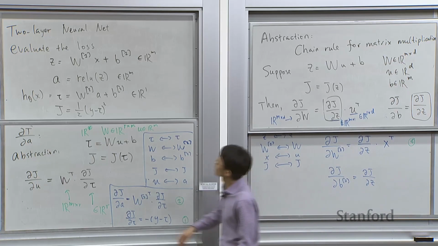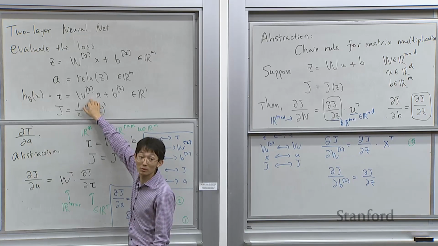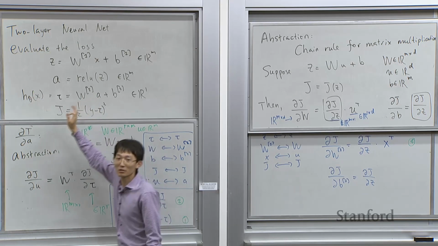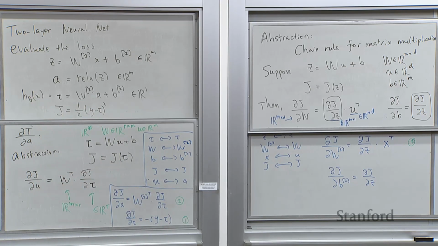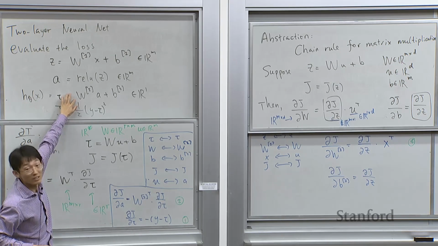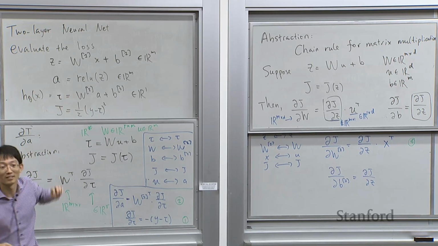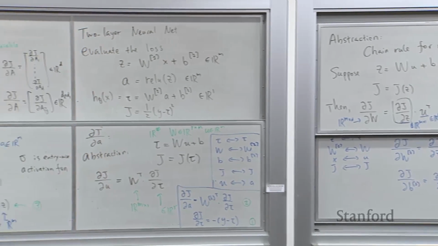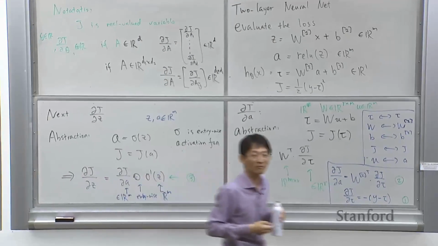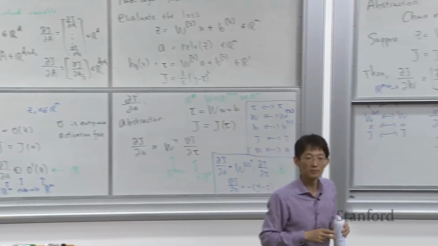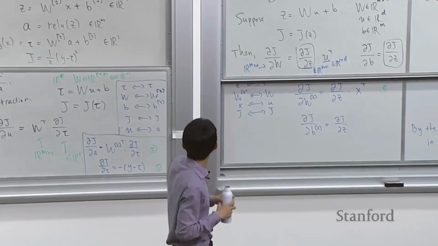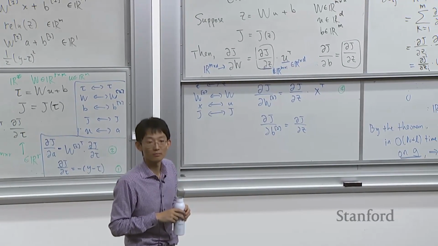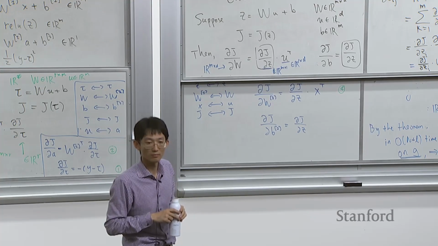What if you want to compute the derivative with respect to W2? Maybe that's a good question to see whether it somehow digests this. What if you want to do dJ over dW2? The chain rule considers the derivative with respect to tau, and then times the derivative of tau with respect to W2.